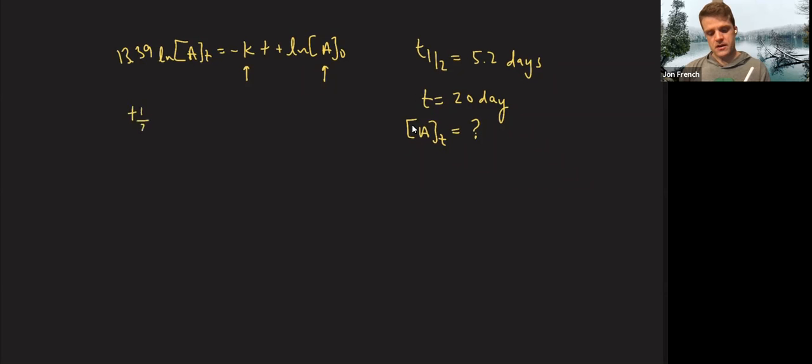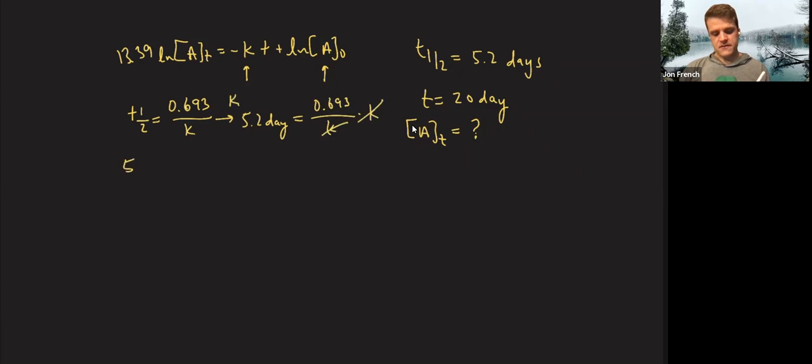T 1/2 equals 0.693 over K. I know the half-life is 5.2 days. So 0.693 over K. I'm going to multiply both sides by K. So that cancels out. So I get 5.2 days times K equals 0.693.